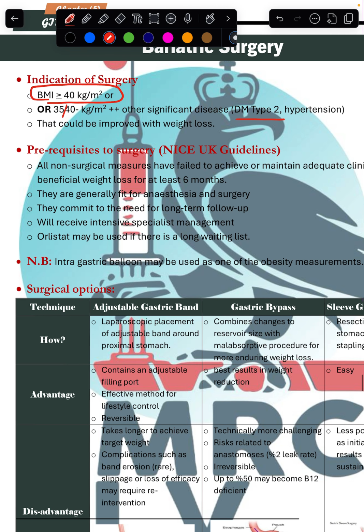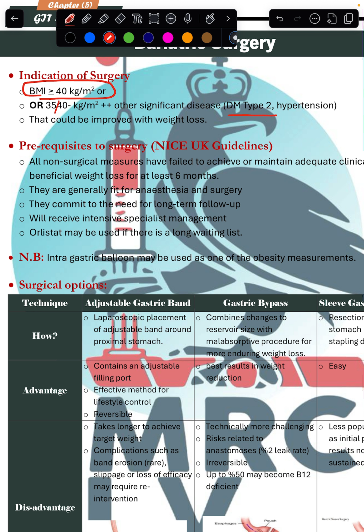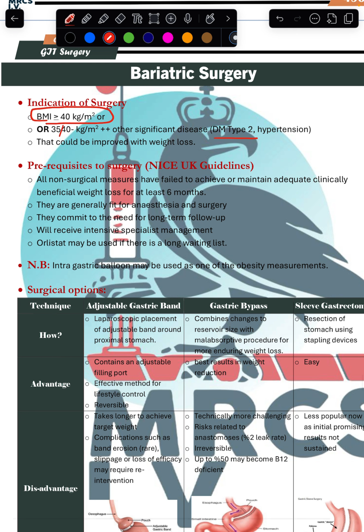So what is the NICE guideline? All non-surgical measures have failed. Initially you have to see whether non-surgical measures have failed, with clinically beneficial weight loss tried for at least 6 months. The patient should be fit for anesthesia and commit to the need for long-term follow-up.